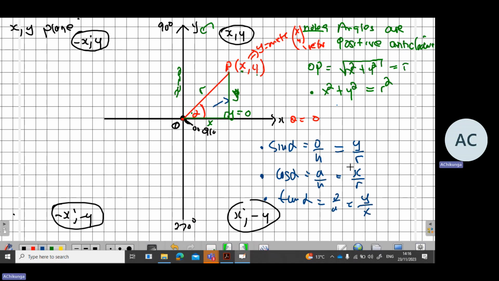If you take note of that, you will realize that we can make certain equations from these three ratios. This tells us that y is r sine alpha, by multiplying both sides by r. This also tells us that x is r cos alpha.